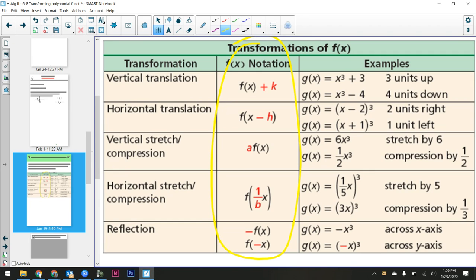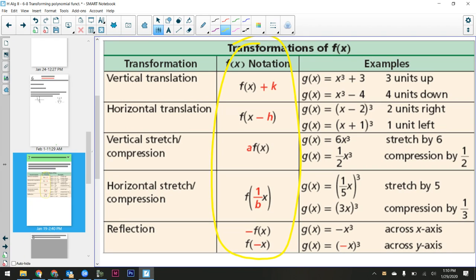Vertical stretch and compression and horizontal stretch and compression are the multiplication ones. Vertical, again, anything happening on the outside, I multiply by that value. If I want a vertical stretch by 3, I multiply the entire equation by 3. For a vertical compression by 1/2, I multiply the entire equation by 1/2.